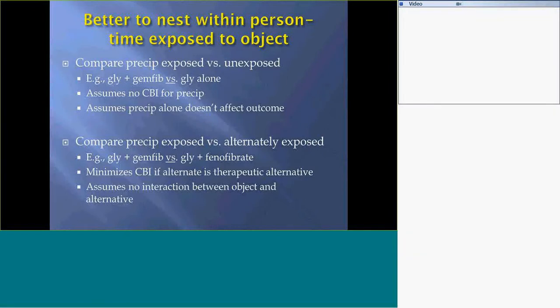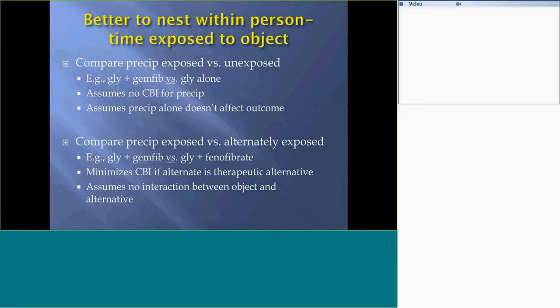So another way to get around this might be to think of comparing people that are exposed to the object drug and the precipitant, comparing those to people exposed to the object drug and some other drug that's like the precipitant but might not be expected to interact. So in this example, that'd be people exposed to glyburide and gemfibrozil, the precipitant we're interested in, comparing those to people exposed to glyburide plus fenofibrate. Now, fenofibrate is a drug used for the same indication as gemfibrozil, high triglycerides.